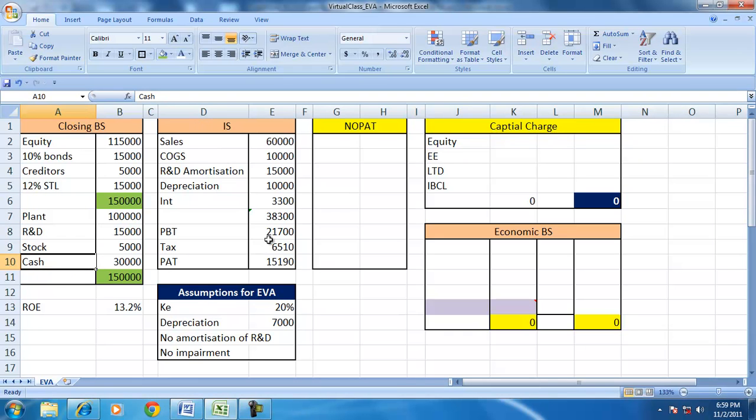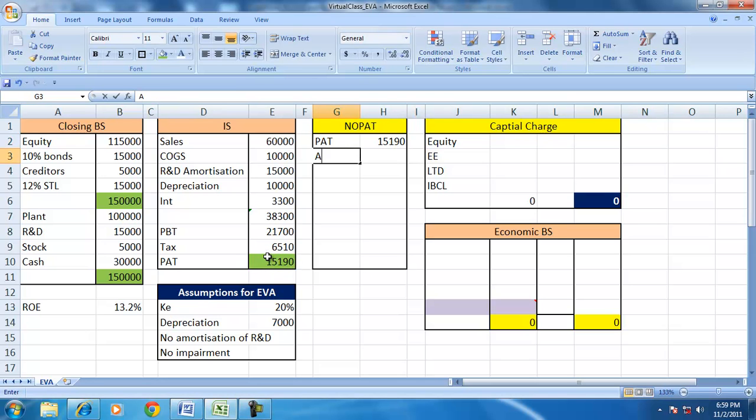An income statement gives us profit after tax of 15,190. So first step, let us calculate the NOPAT by using the PAT.